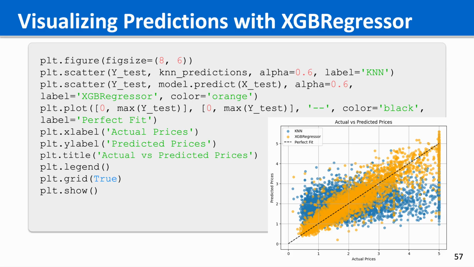The dashed black line represents the ideal scenario where actual equals predicted. Notice how XGB regressor predictions align more closely with the perfect fit line, indicating better performance, while KNN predictions display greater dispersion. This visual reinforces the numerical evaluation metrics and shows why XGB regressor is better suited for the dataset.